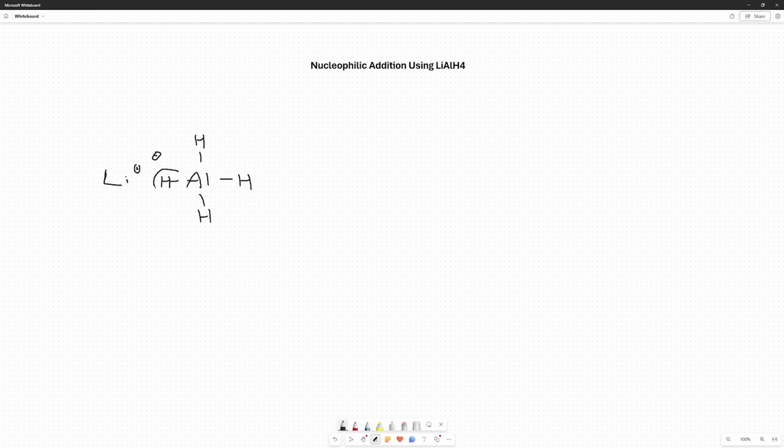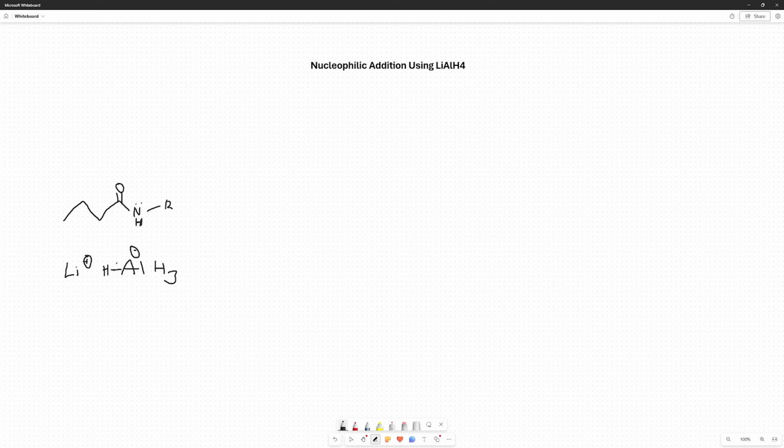So hydrogen is the nucleophile when you're talking about reactions with AlH4. So I'll start with the reduction of amides to amines. So we've just got an amide here, and that's going to be reacting with lithium aluminium hydride. That's the H that's going to be donated, and then we've got a negative charge on the aluminium.